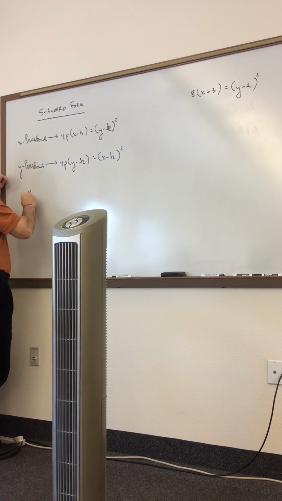For a problem, in about 25 minutes is all this should probably take me. Here's what the directions are going to say. Rewrite each equation into standard form, and then give the type, where does it open, and the values of h, k, and p. All right, now, in your notebook, I want you to spread out here.